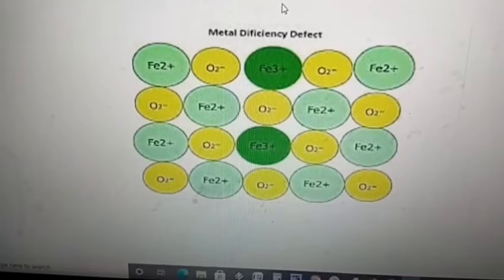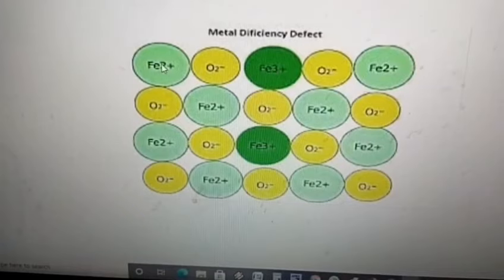So in this crystal of FeO, if we observe, some of the Fe2+ ions are missing. See here Fe2+, but here instead of Fe2+, Fe3+ is there. Again Fe2+, Fe2+, Fe2+, Fe2+, again Fe3+. Why do these Fe3+ ions occur? Because Fe2+ ions are missing, and the loss of positive charge is made up by the presence of the required number of Fe3+.